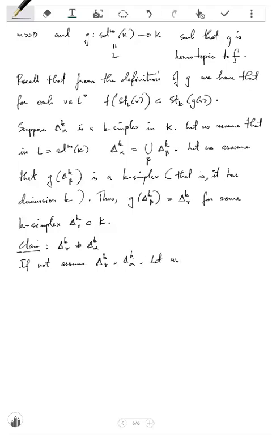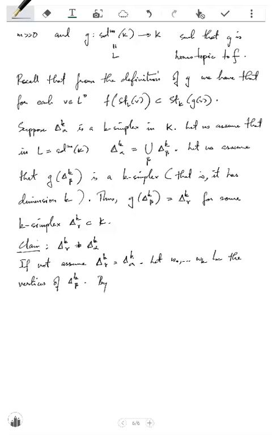Let W0 up to WK be the vertices of delta K beta.